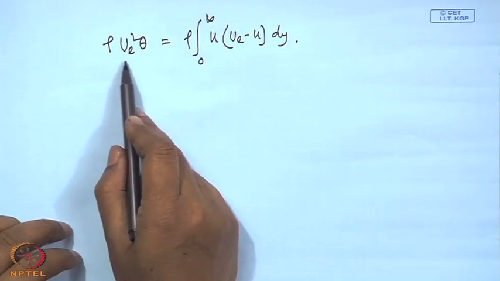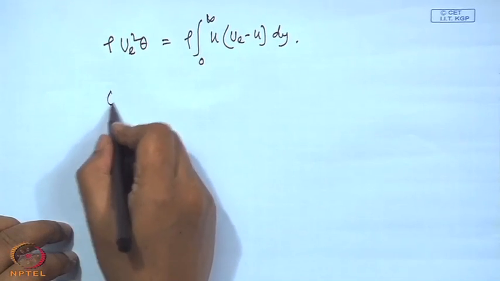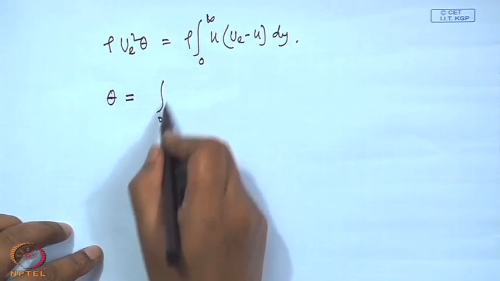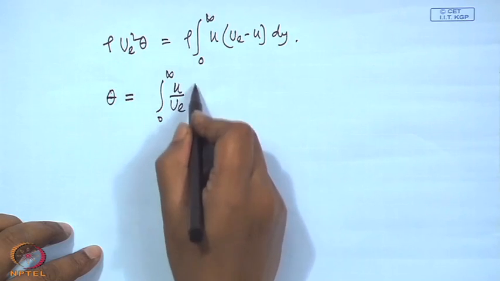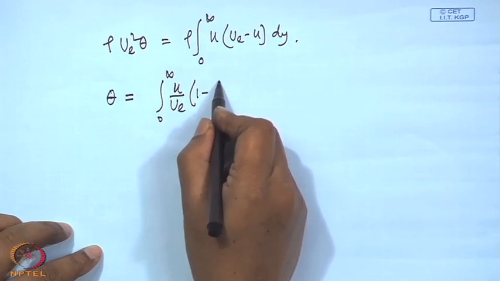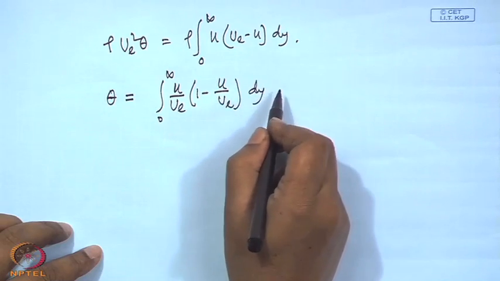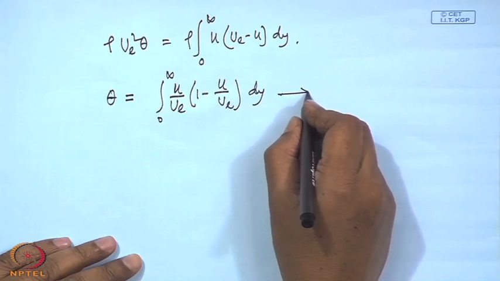And mathematically, this rho u square theta is this, or we have theta, which is called the momentum thickness, is this.